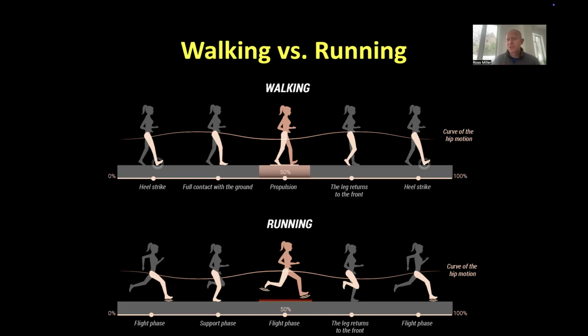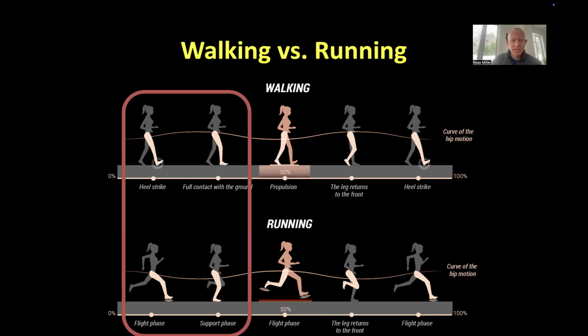But there are some fundamental differences between how we use the legs and how the legs mechanically behave in interacting with the ground that result in fundamentally different mechanical energetics and patterns of motion of the center of mass of the body. So notice here, walking on the top and running on the bottom.